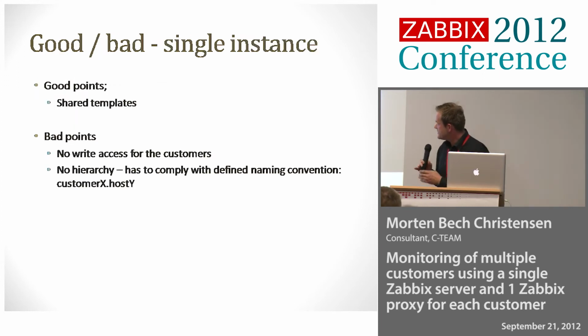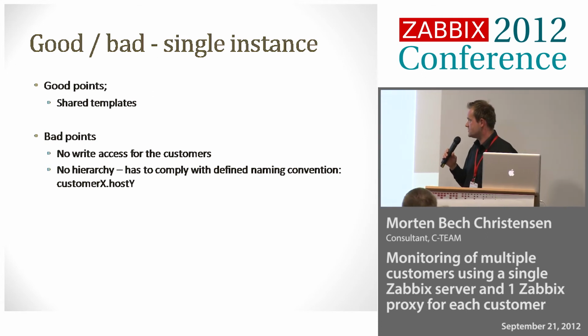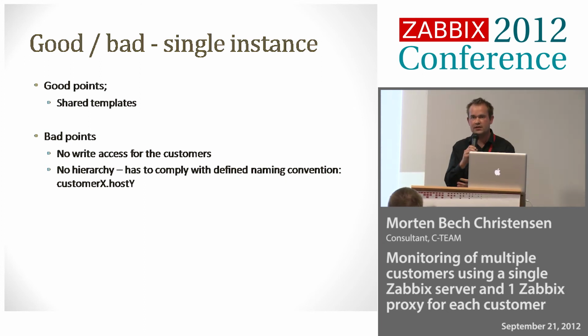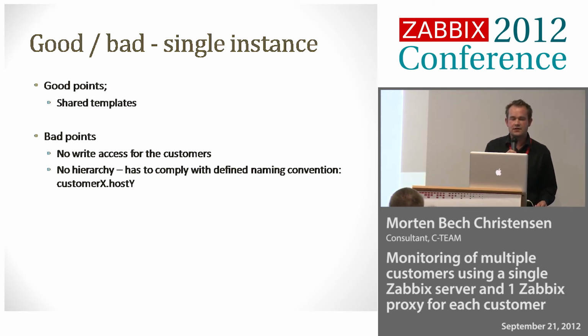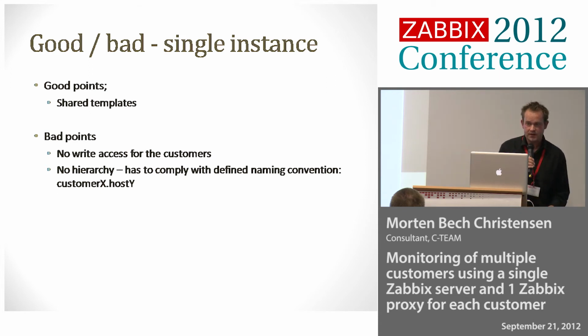The good things and the bad things about this single instance is, of course, we do get a shared template system. So whatever we create for one customer immediately becomes value for the other customers. The bad point is we cannot allow write access for the customers, and since there's no hierarchy within Zabbix, no container, we have to have a naming convention.